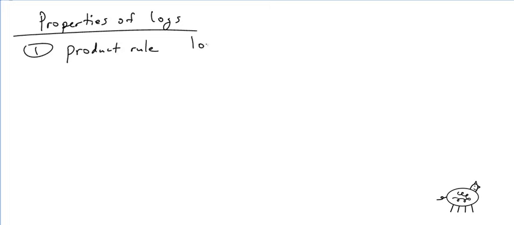And that's really easy. It's log base a of x times y is equal to log base a of x plus log base a of y. Okay? That's pretty easy. So just remember, if it's multiplication, then it's addition of those separated.